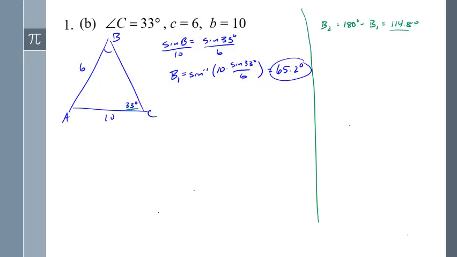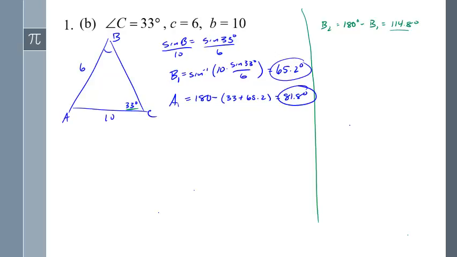So I have two angles now and two sides, so I need the missing angle, angle A1, and I need side A1 as well. So angle A1 is going to be 180 minus the sum of 33 plus 65.2, and that gives me 81.8.